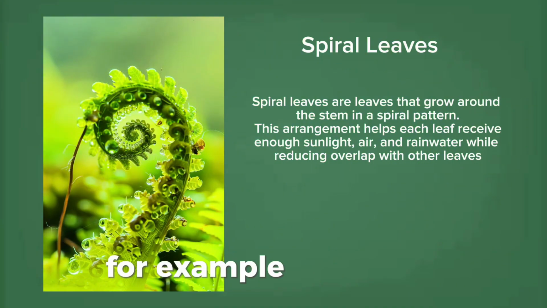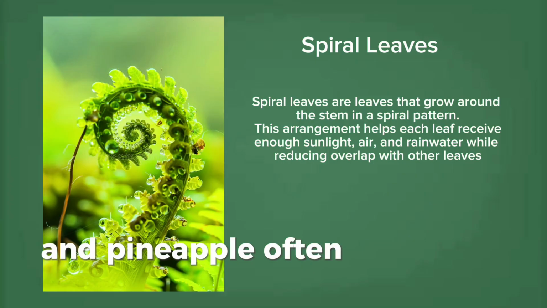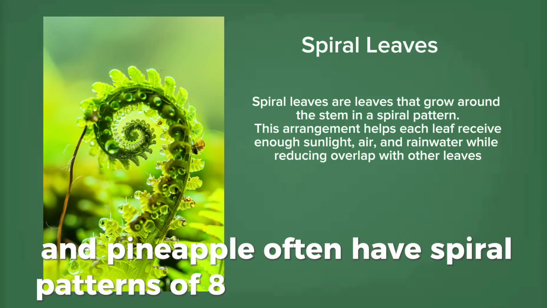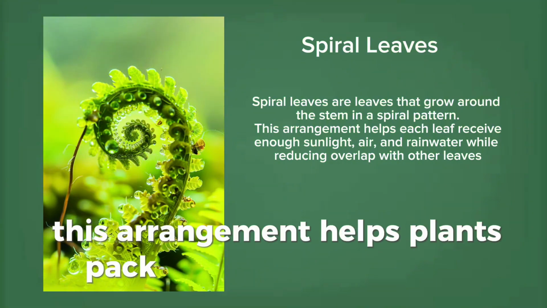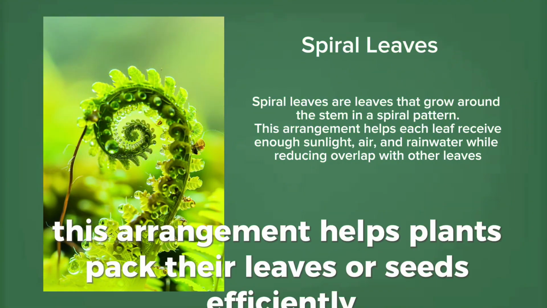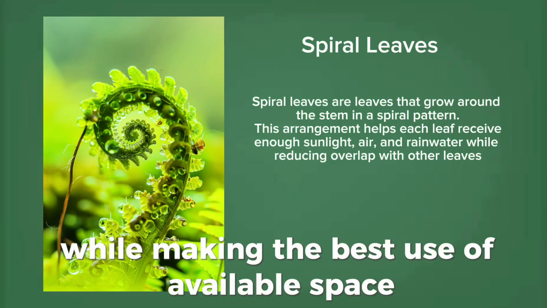For example, sunflowers, pine cones, and pineapples often have spiral patterns of 8 and 13, or 13 and 21. This arrangement helps plants pack their leaves or seeds efficiently while making the best use of available space.